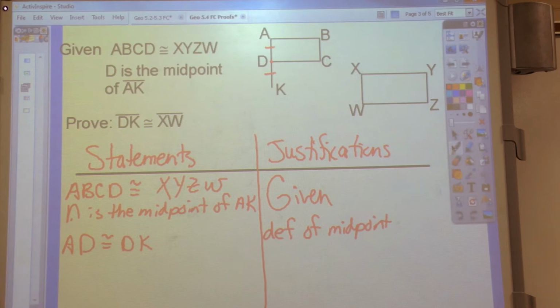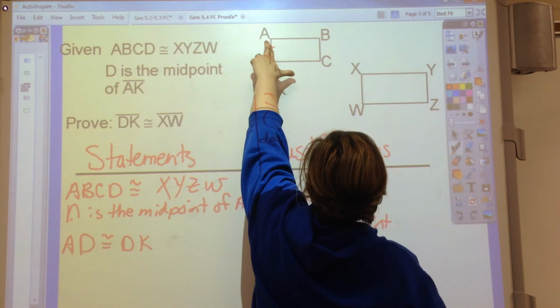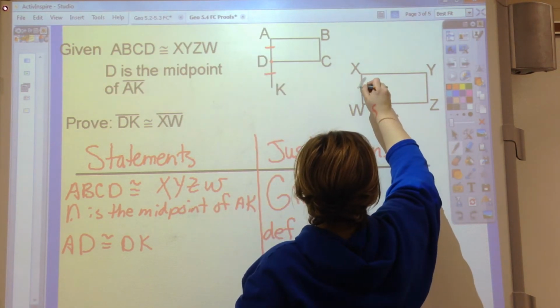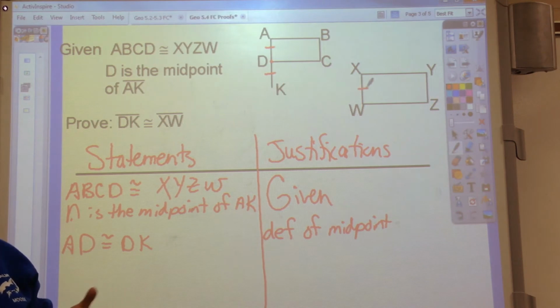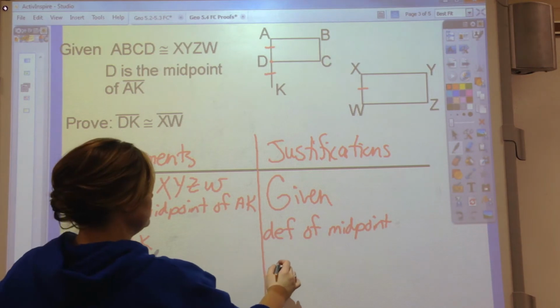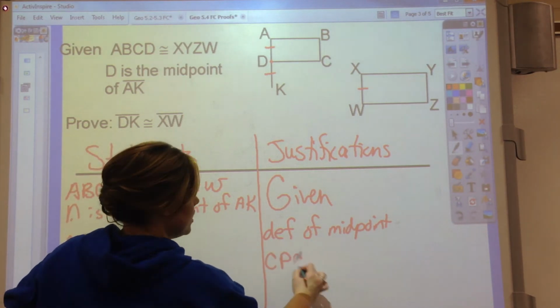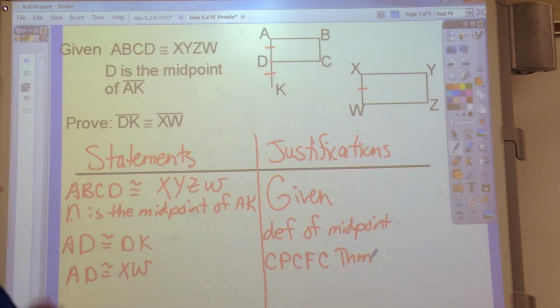So the next thing I could say is that AD is congruent to XW because they're corresponding parts of congruent figures. So now I'm going to say AD is congruent to XW, corresponding parts of congruent figures are congruent theorem.